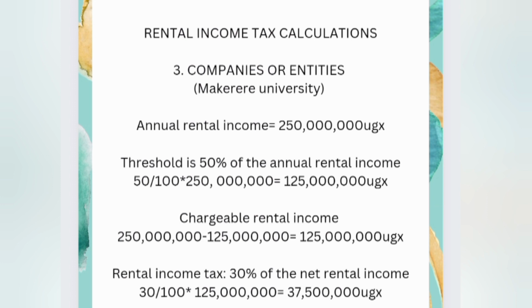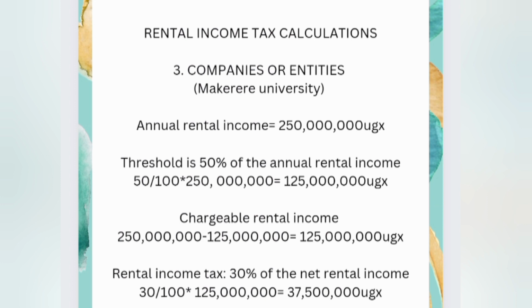Let's say Makerere University has some properties they are renting out, and their rental income for that particular year is 250 million. For registered entities, the threshold is always 50% of the total annual rental income, which is half of the total rental income collected. 50% is half, as we all know.